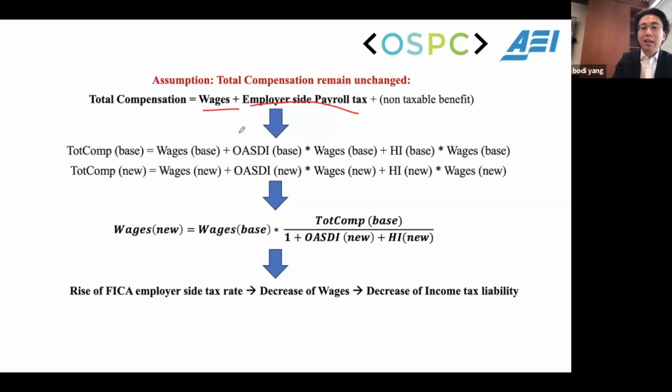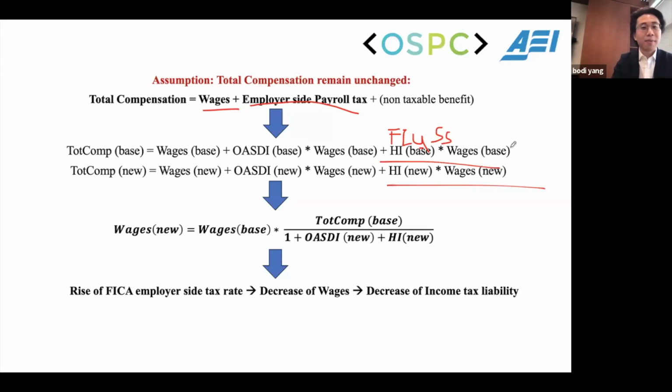Two parts, the FICA Social Security part and the FICA Medicare part. The FICA Social Security payroll tax equals the wage and income times the FICA Social Security tax rate, and also the same for Medicare. I think I have a typo here, so it should be the FICA Social Security tax rate times the wage.